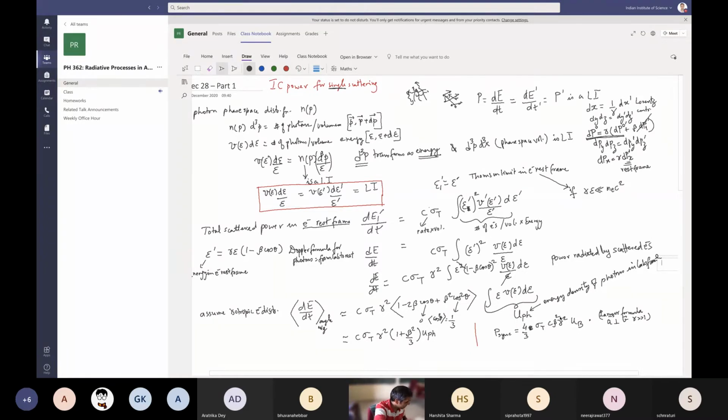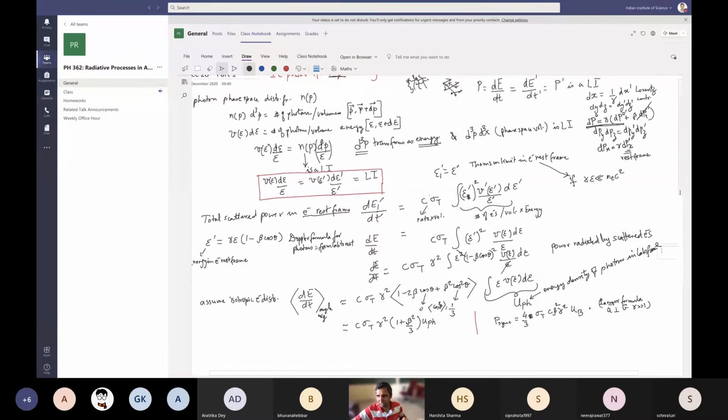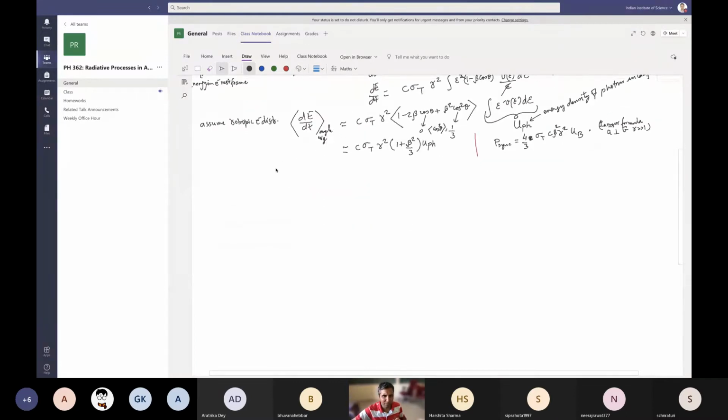So this is 4/3 sigma_T c beta squared gamma squared U_B, and we can assume relativistic electrons, where beta is 1. So this is again 4/3 sigma_T c gamma squared U_photons for gamma much bigger than 1.